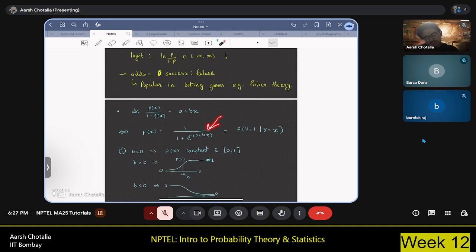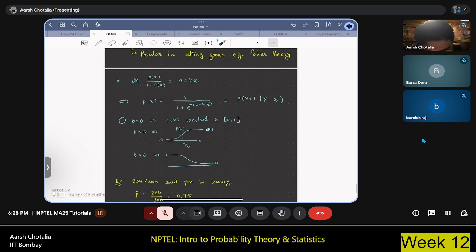And this you can see, if b is positive, then at x equal to minus infinity, this is 0. And as x increases, it slowly increases, near x equal to 0 it rises faster, and then again goes to 1. Right. When x is equal to infinity, then this term becomes 0. This entire thing.